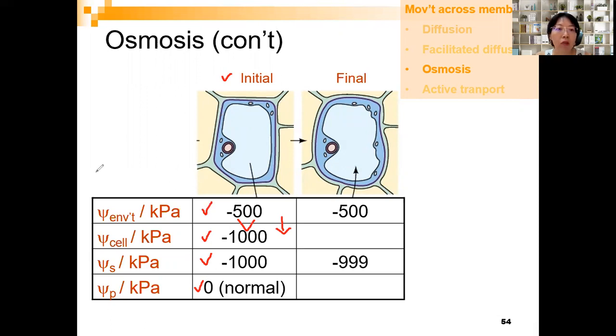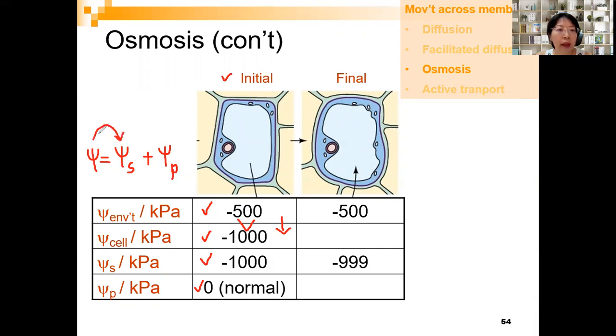Because psi p is equal to 0, based on the equation psi equals psi s plus psi p, at that time psi is equal to psi s.